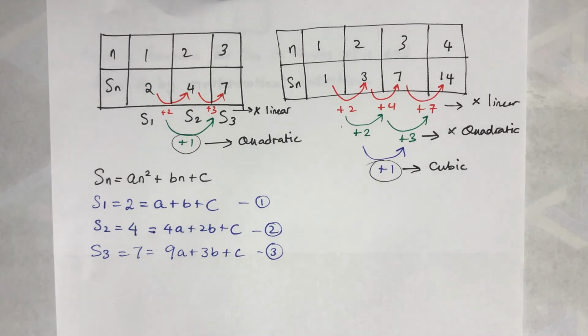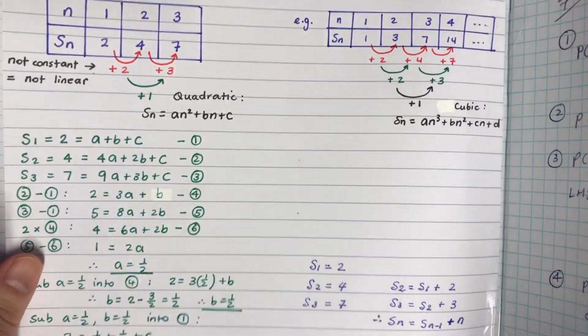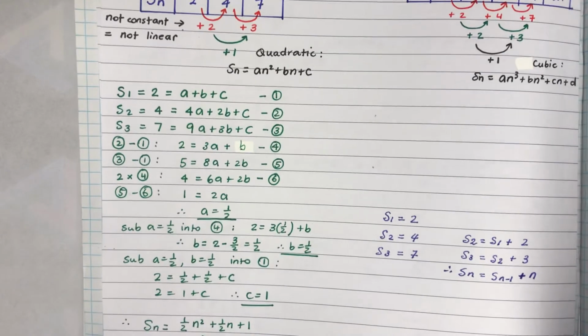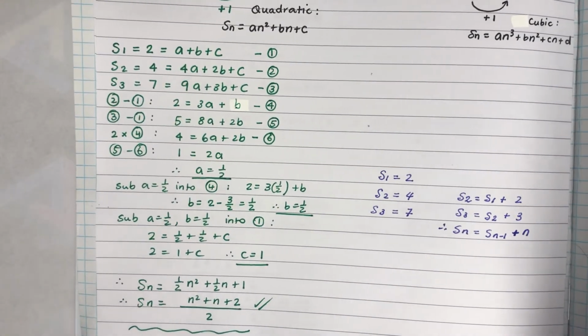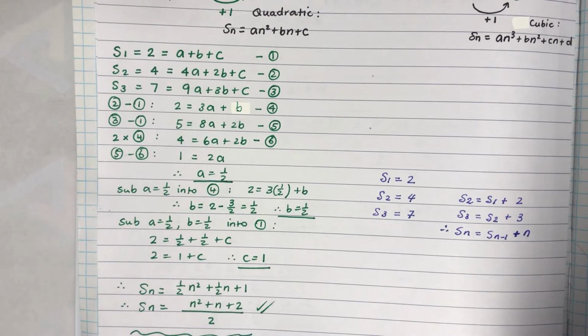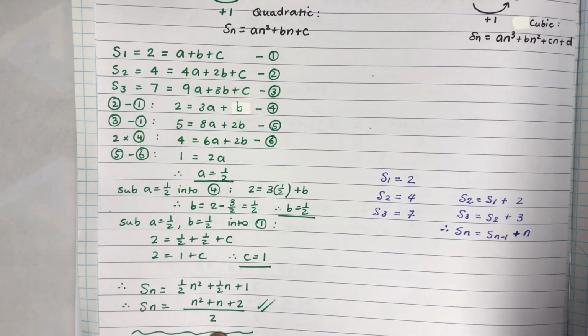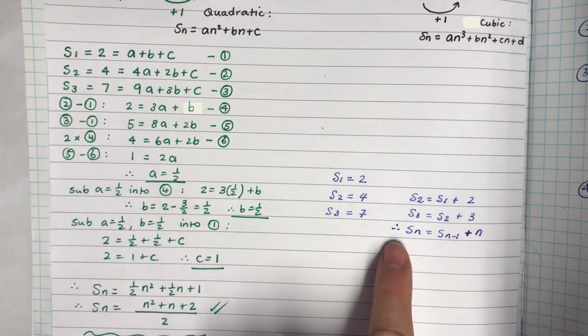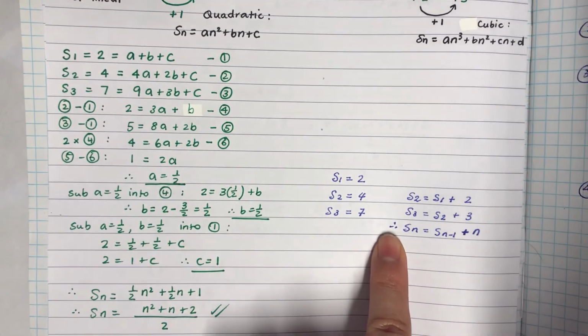What I'm going to show you is I've already done this in my book. So quickly have a look. And finally, I got Sn equals n squared plus n plus 2 all over 2 as my formula. Now another thing interesting here, because we have to use this a little bit later on.